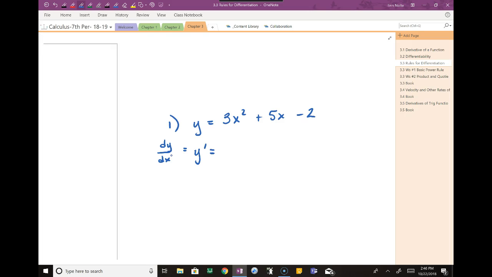We're going to derive each term individually. If I have 3x squared, what is the exponent? 2. So I take the 2 and multiply by the value in front of the x. 2 times 3 makes 6. So then I have 6x, and my new exponent is 1 less than it was before. So what's my new exponent? 1.